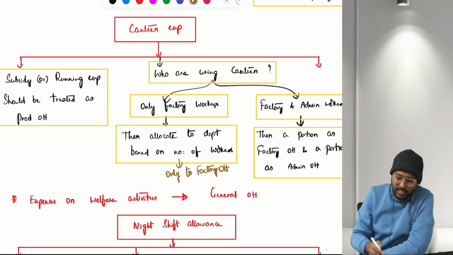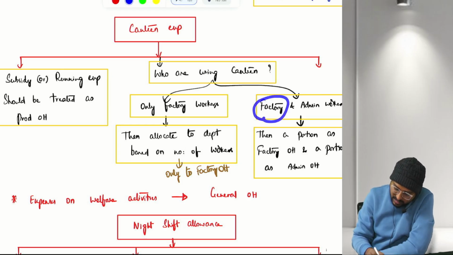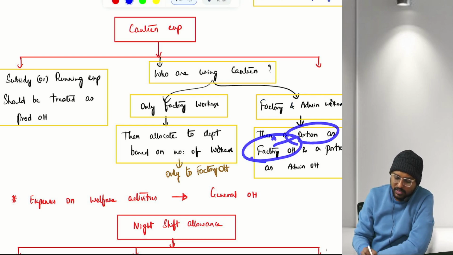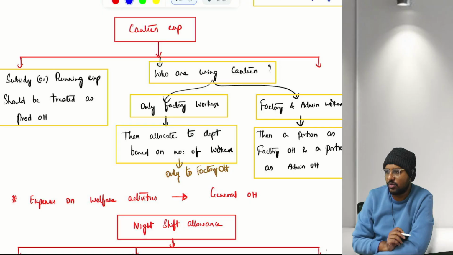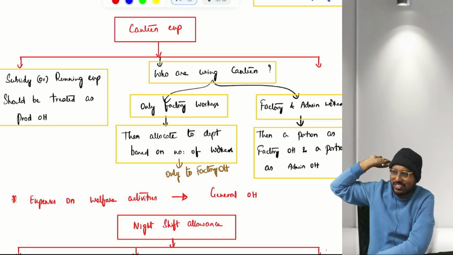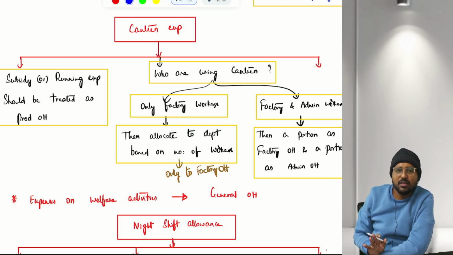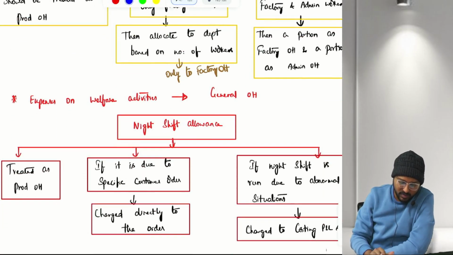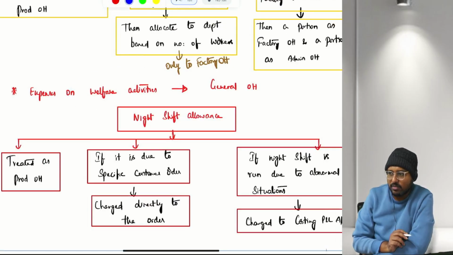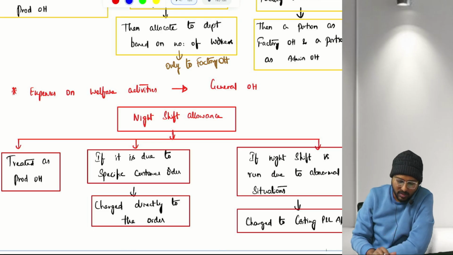If both factory and administration workers are eating, some portion will go to factory overheads and some to administration overheads. If selling staff are also eating, then it will go to selling and distribution overheads also. Suppose you are doing some welfare activities, it will go to general overheads. Moving on to the next one.